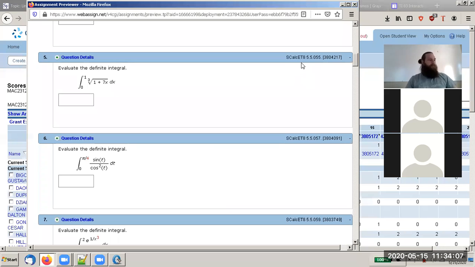Let's start there. This is homework 1, problem 5. And let me write it down. Integral 0 to 1. And we'll just do a few of these. 5, 7, 19, 14.